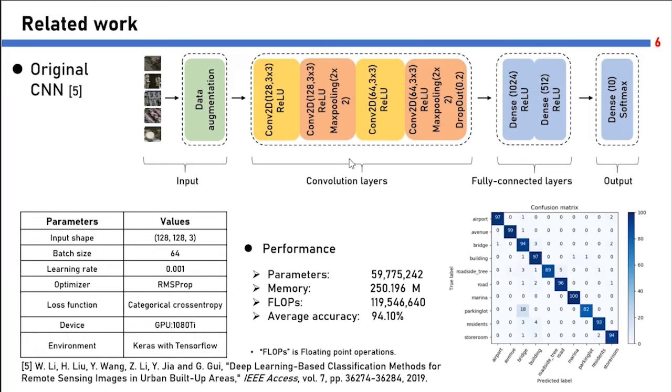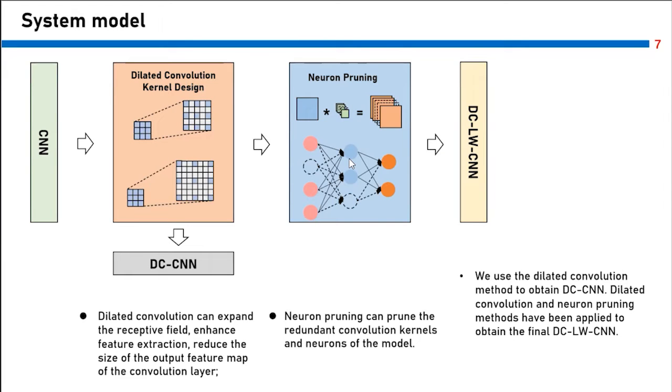At the same time, judging from the actual values of other parameters, the resources consumed by the original CNN are also quite huge. The following is the system model of the DCLW method in my paper. As the picture shows, we will introduce the DCLW CNN method.